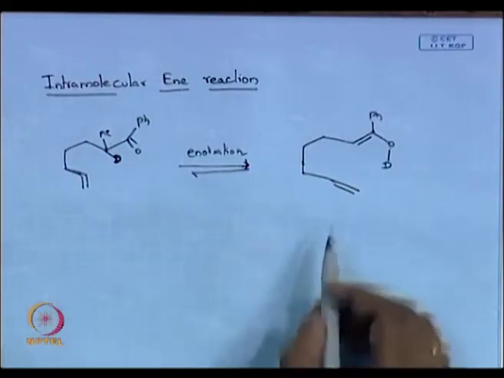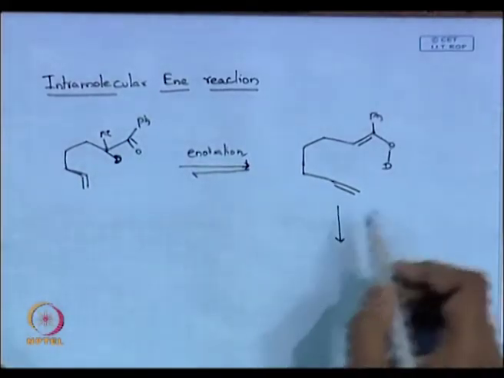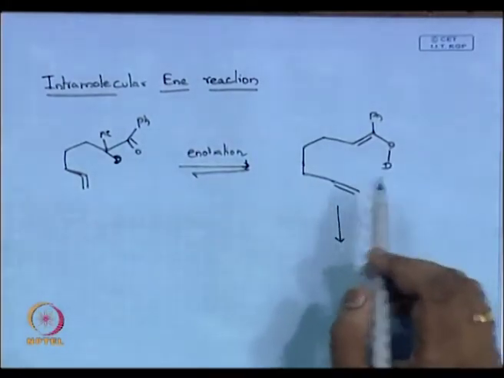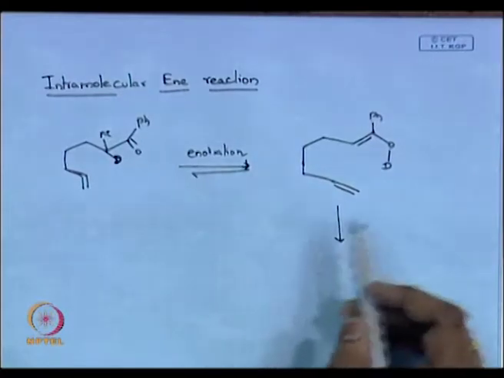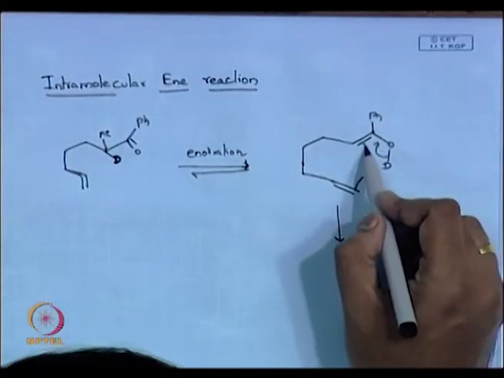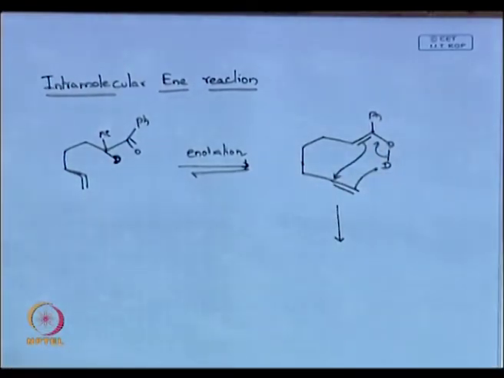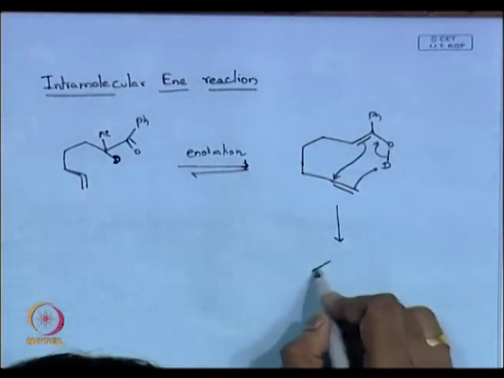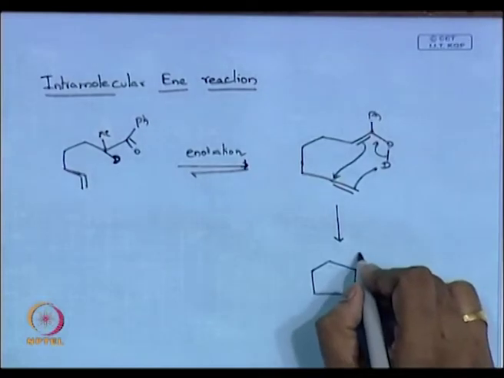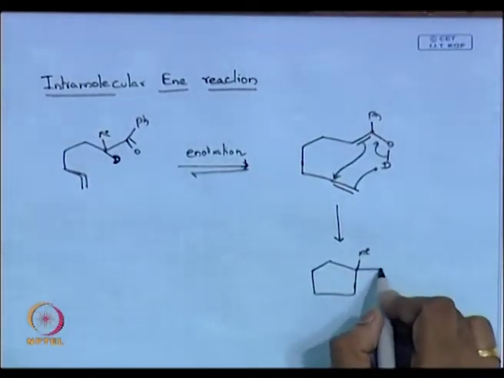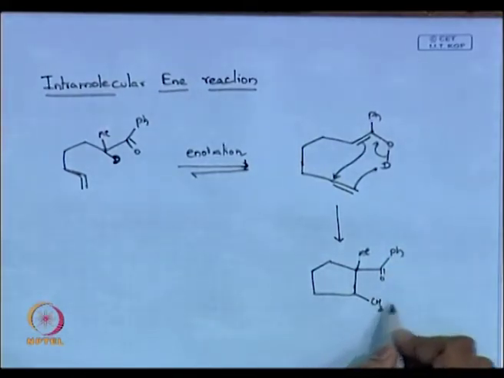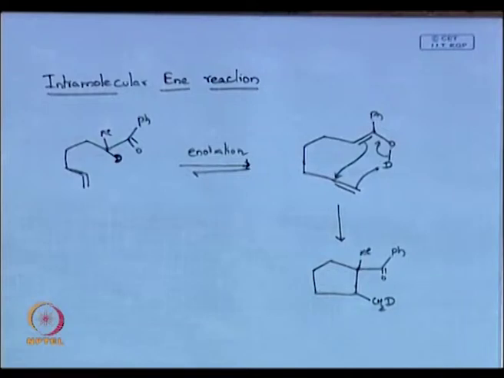Now you can think about your ene reaction, because you have both your ene and dienophile there. So, now you can nicely do your ene reaction. This can take it up, and then you have this part, which will give you methyl carbonyl with the phenyl, and you get a CH2T.